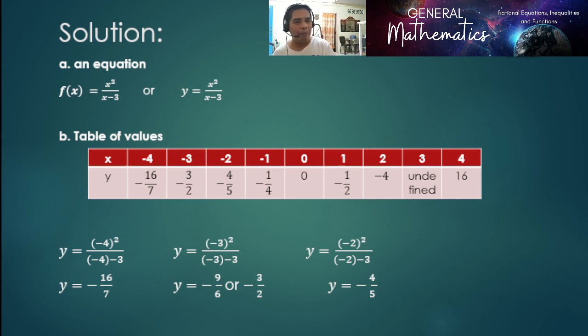Makikita nyo, kapag si x ay -4, totoo bang nag-fall yon sa -16 over 7? Pinakamadaling hanapin dyan, 0, 0. Kapag ba 0 si x, 0 din si y? No? So, ibig sabihin, dumaan siya doon sa gitna na yon, no? So, I will allow you to use the graphing app para hindi na kayo mahirapan mag-drawing.